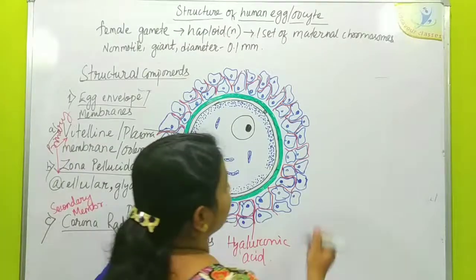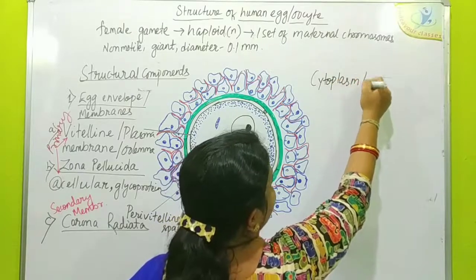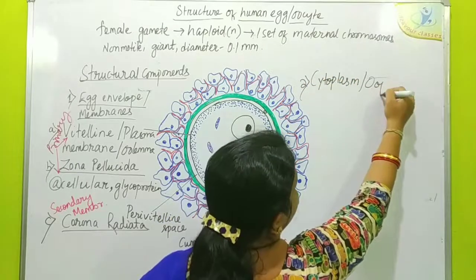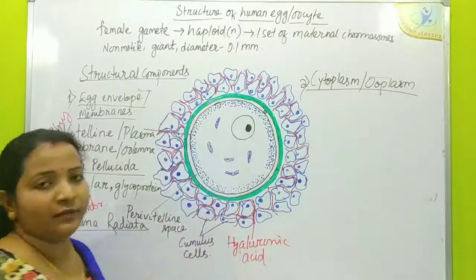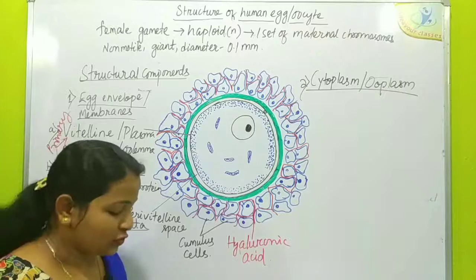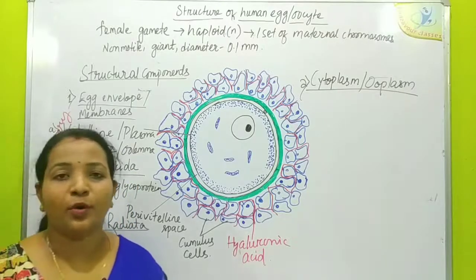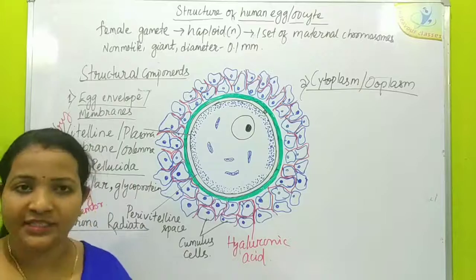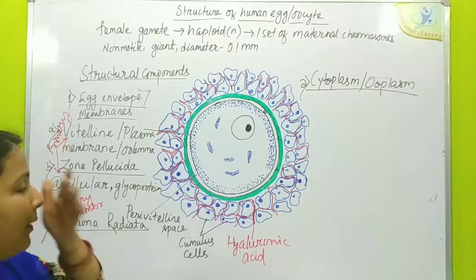Next is the cytoplasm. Cytoplasm in the human egg is called ooplasm. The egg here is full of cytoplasm. There is no stored food. Stored food in eggs is called yolk, which is usually made up of lipids, proteins and glycolipids mainly.